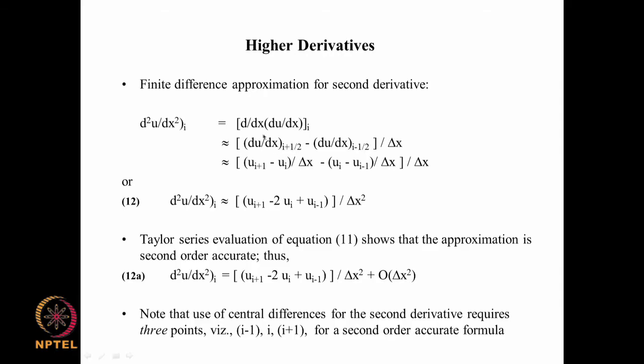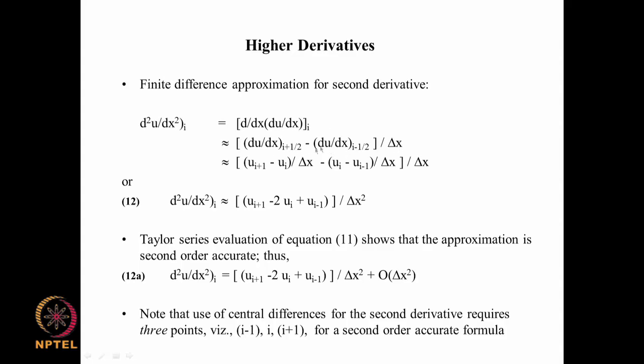So we can write this approximately using central differencing, because the derivative du by dx, which is our f, whose derivative df by dx we want at i, is being evaluated as function f at i plus half minus function at i minus half, so that is on the right side and on the left side of the point i, divided by the spatial distance between i plus half and i minus half, which is delta x.